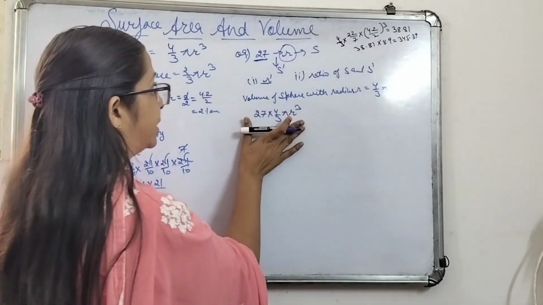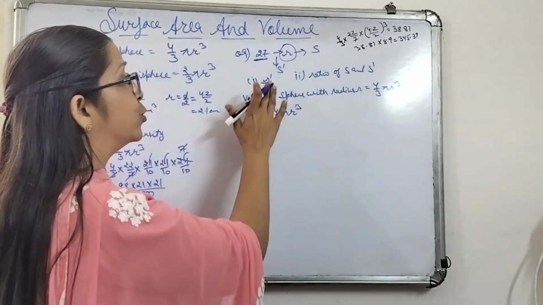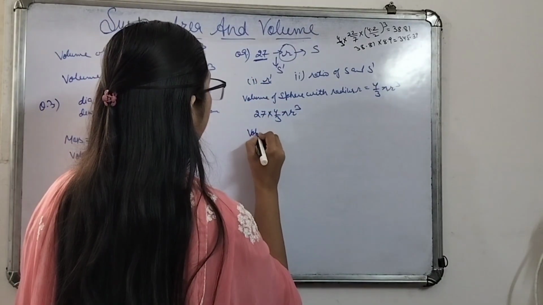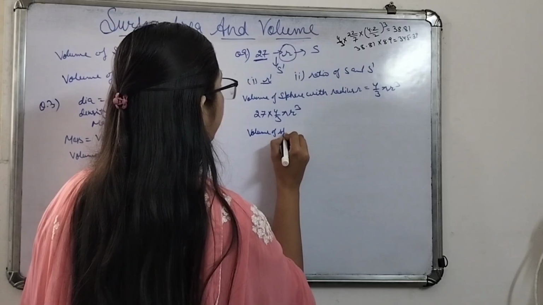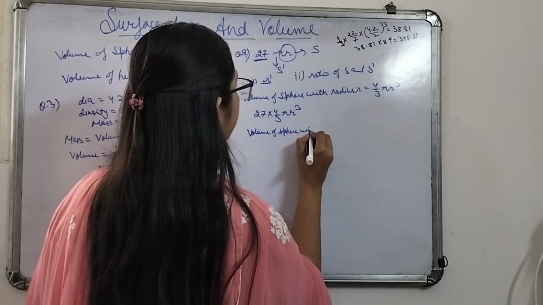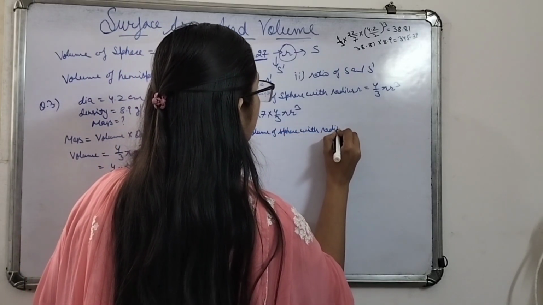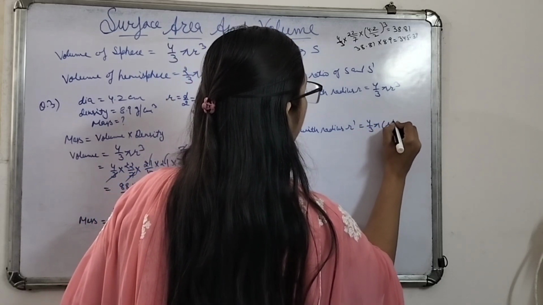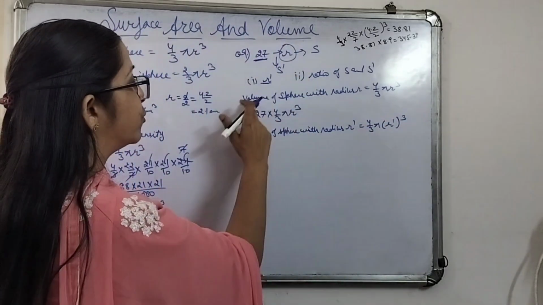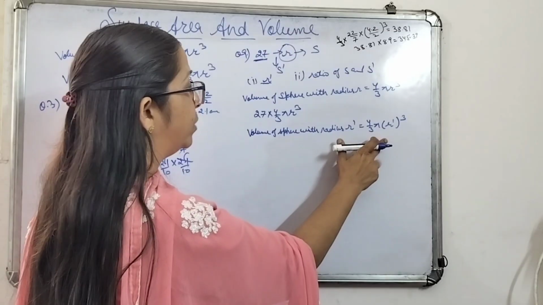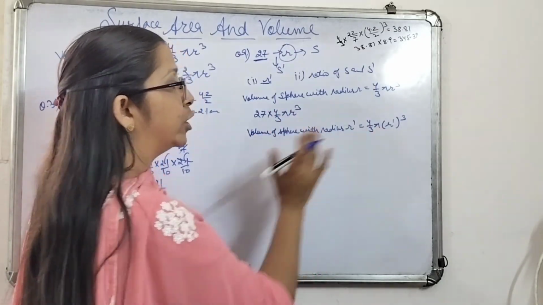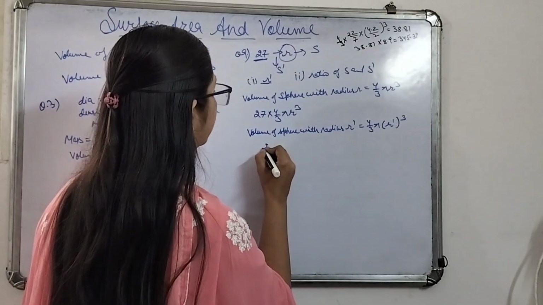Now it is melted and converted into a sphere whose radius is r dash. So the volume of a sphere with radius r dash will be 4 upon 3 pi r dash cube. Now this volume will be equivalent to the earlier volume because this is melted to convert into this. So both their volumes will be equal, and we will equate them.